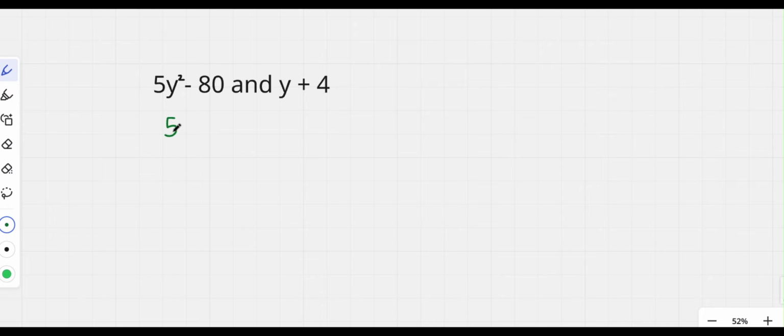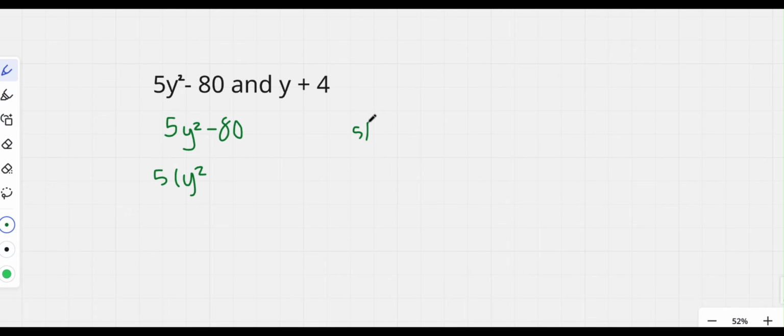Well, we already see 5 is going to be factored out, so we're going to start by rewriting the expression. Then we're going to factor out 5, because 5 is a common factor between 5y squared and minus 80. And 5 goes into 80 how many times? Is it 18? Let's see.